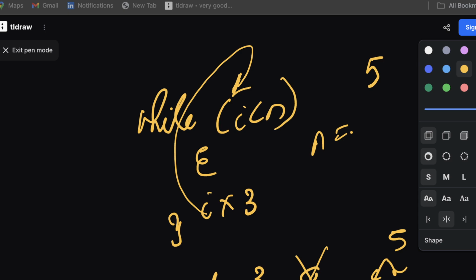If it's halving or if it's dividing by 3, it's pretty easy to understand.